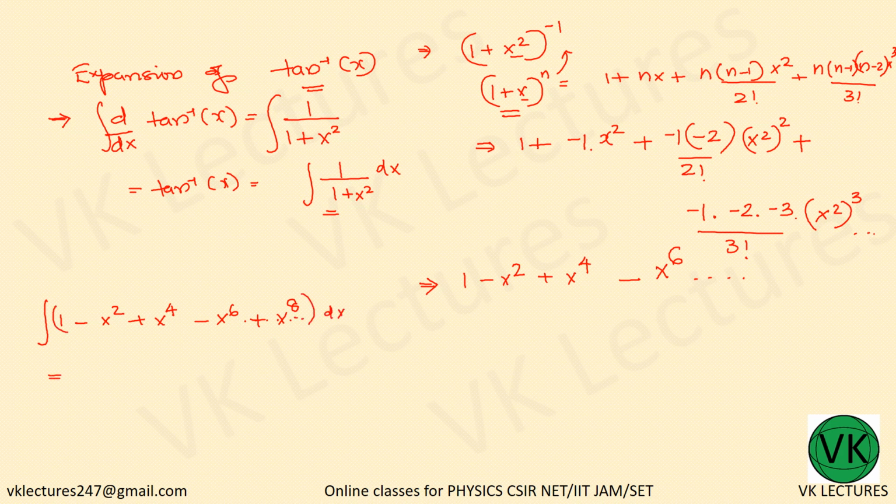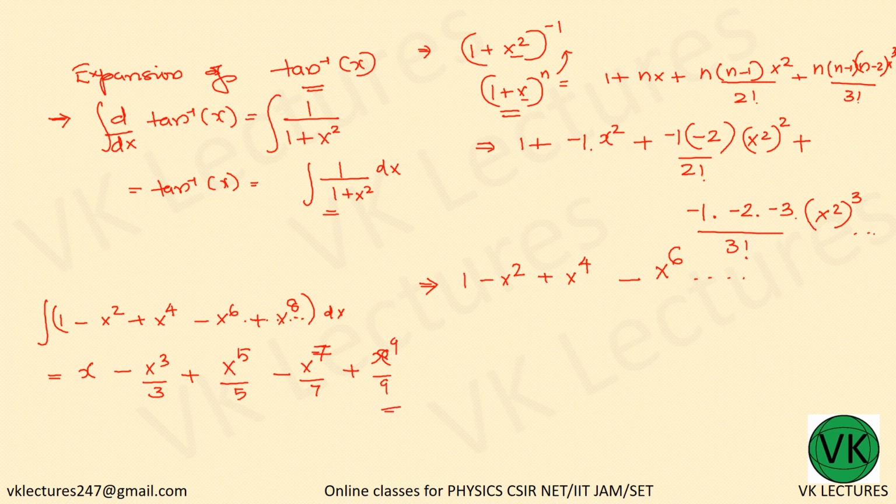Now what you can do is integrate. Integration of 1 is x, then minus x cube by 3 plus x to the power 5 by 5 minus x to the power 7 by 7, then plus x to the power 9 divided by 9.